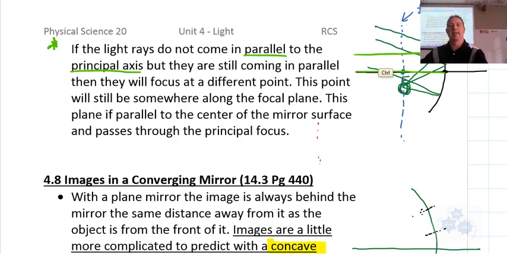If they don't travel like that, but let's say they come in at a different angle, they'll still bounce off the mirror, and they will meet somewhere, but it won't be the principal focus. Instead, it will be a point that is still on what we call the focal plane. So that is the imaginary line that is perpendicular to the principal axis, so it makes a 90 degree, but it's not at the focus, it's down or up or somewhere, but it's on that focal plane.